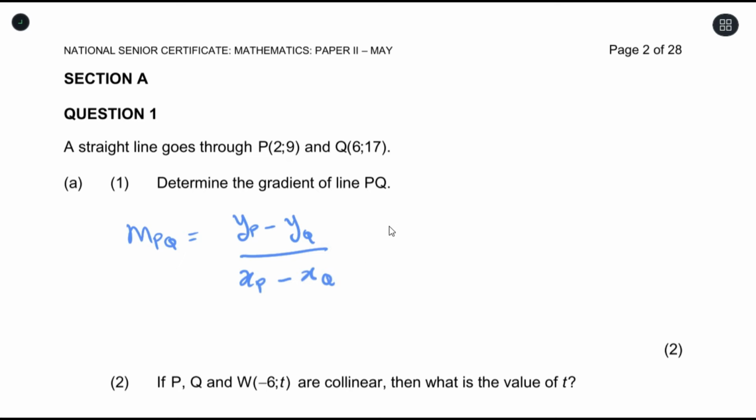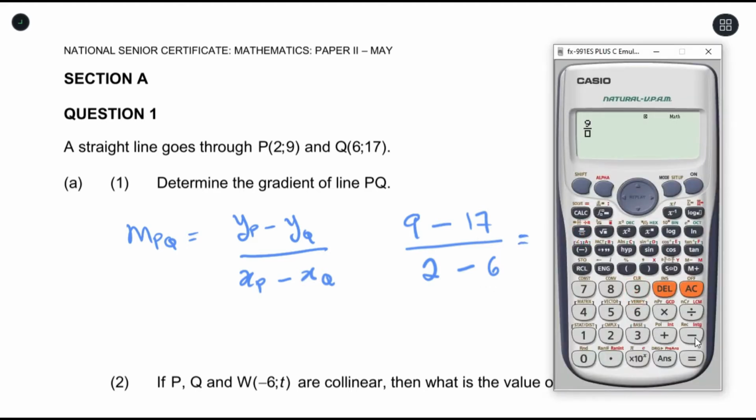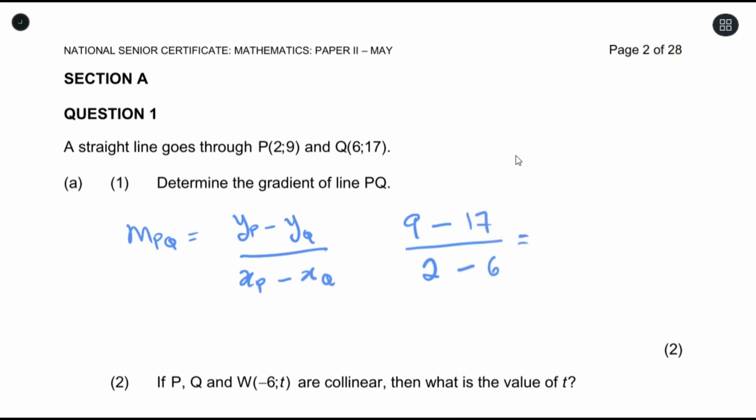Okay, so substituting those values as the y for P and the x for P, the y for Q, the x for Q, you're going to get the gradient of PQ is equal to 2.